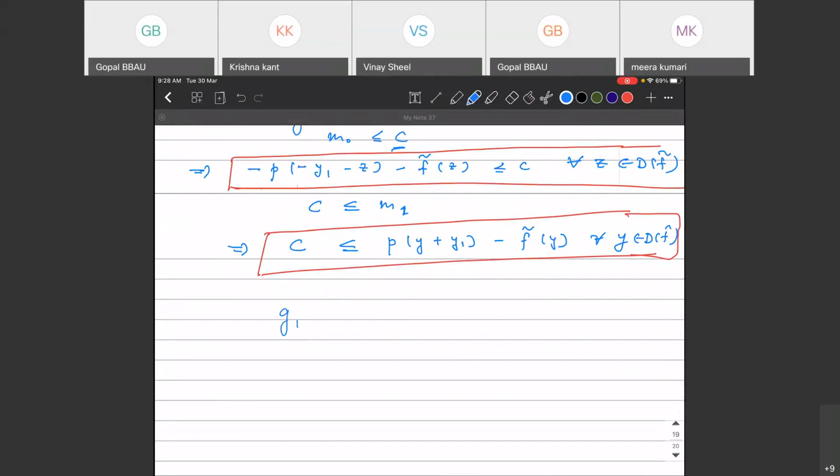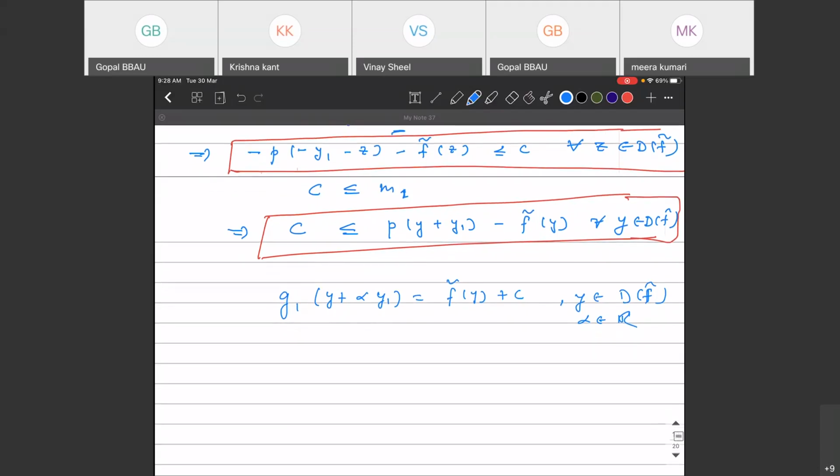So this was G1, where y belongs to the domain of f tilde and alpha is any real number.